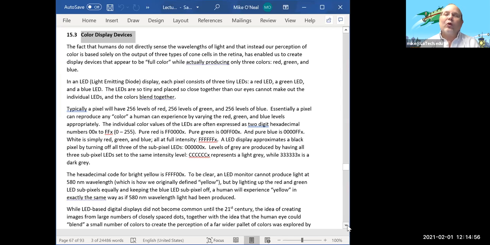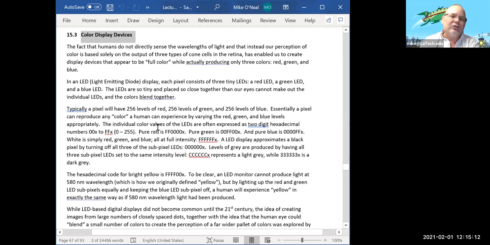So the reason why we have RGB displays is because you have three cones in your eyes, one sensitive to red, one to green, and one to blue. That's why we have RGB displays.